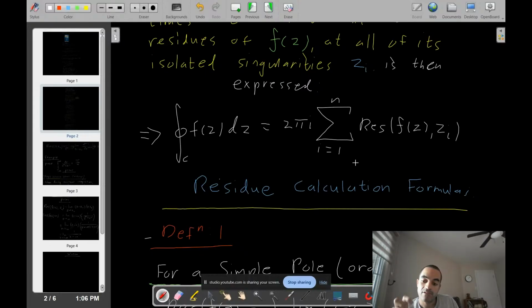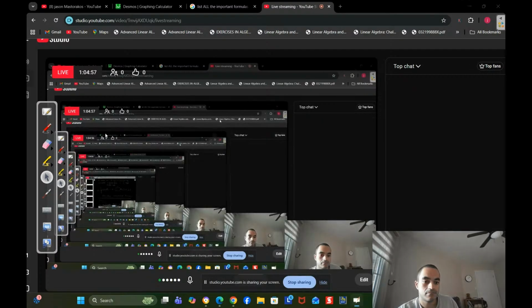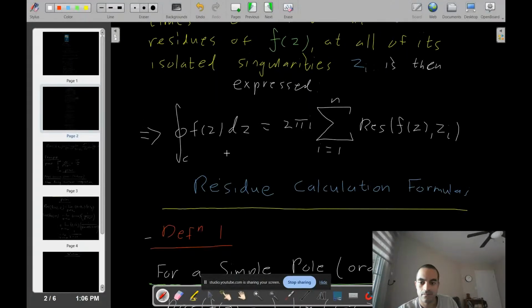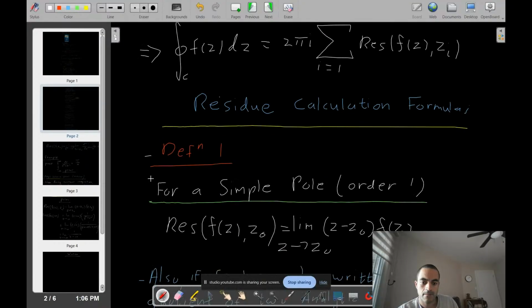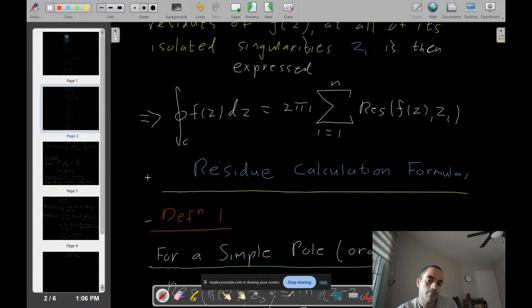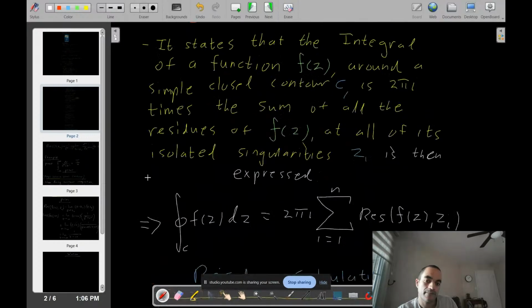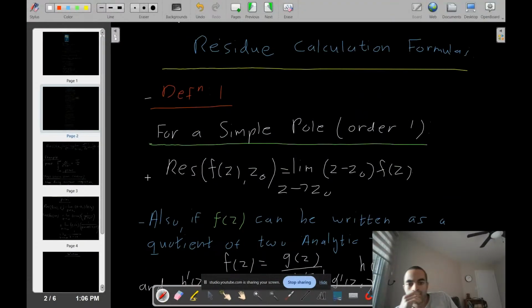If you know the residue calculation formulas, then you can use them in the residue theorem. So let's go to the residue calculation formula if there are no misconceptions on the residue theorem.